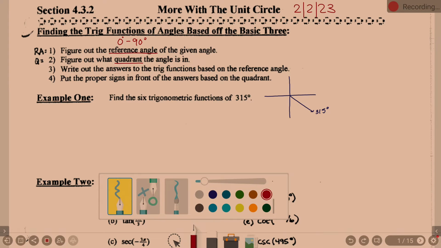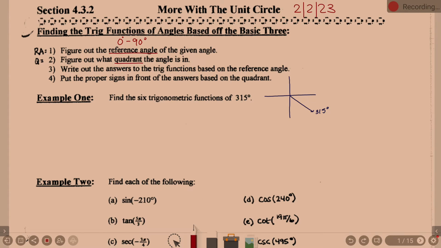45. Why 45? 360. Okay. This is 360. And your reference angle is how far are we from the x-axis? Yes, I know that's 0, but 0 to 315 does not give me a reference angle. I want to know from 315 up to the x-axis, and in counting that way, it's 360.